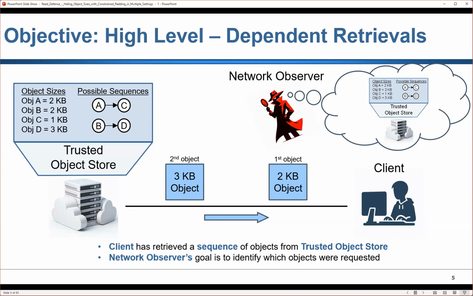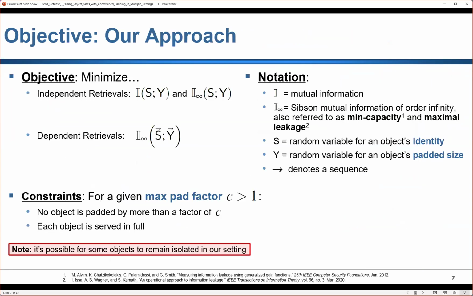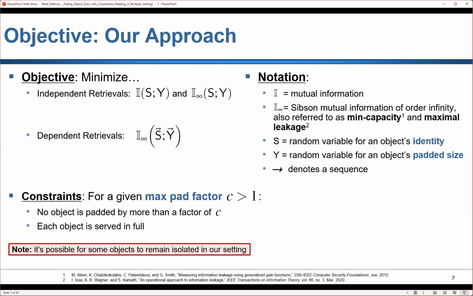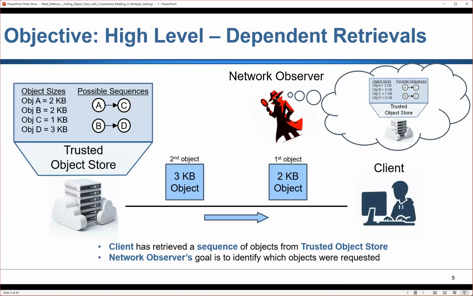However, what we get from I infinity is an upper bound for any function that the adversary might want to guess about the random variable. With the sequential setting here, maybe the adversary isn't interested in guessing exactly the entire sequence.